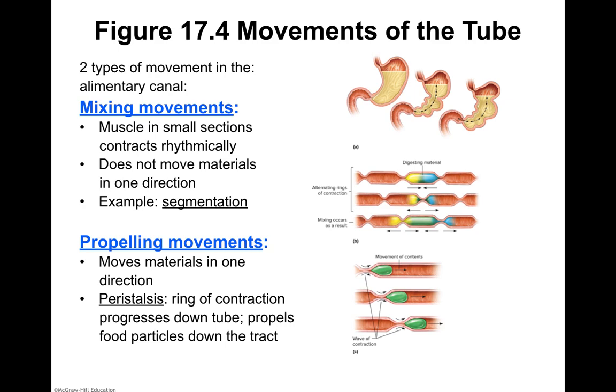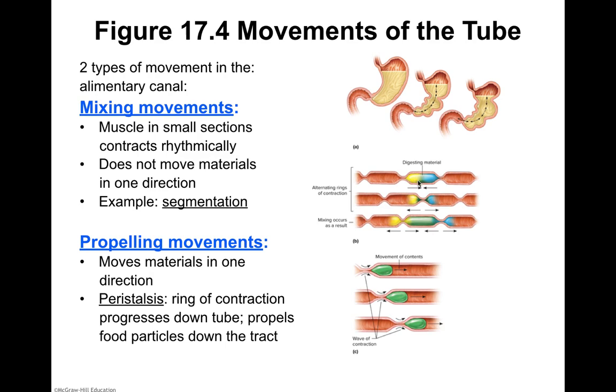We get two different kinds of movements within the tube that we need to be aware of. There is a mixing movement, which we call segmentation. You may have heard of peristalsis before, where you squeeze one end of a tube, in this case the digestive tract, and move things forward by leaving the other end open. If we squeeze in different places, we can mix on top of that.